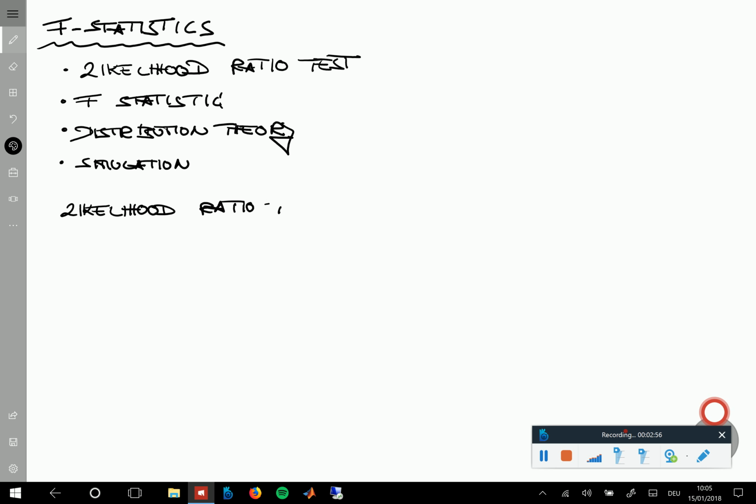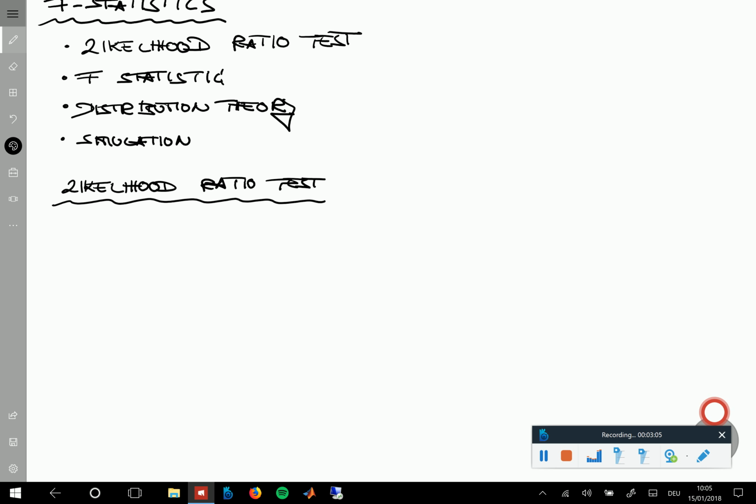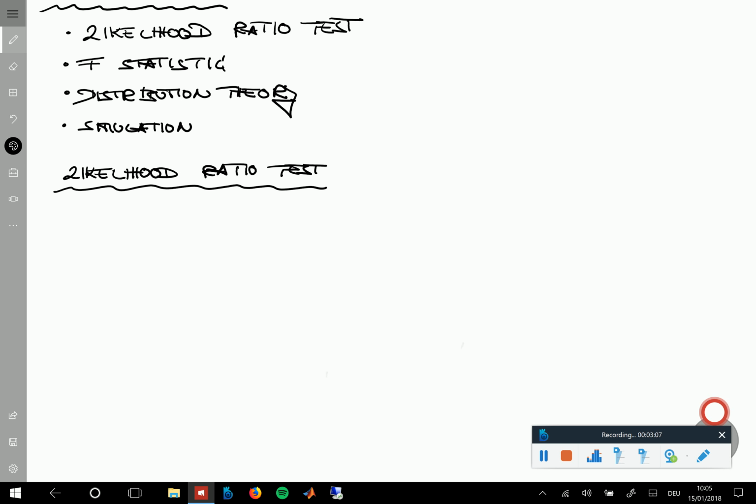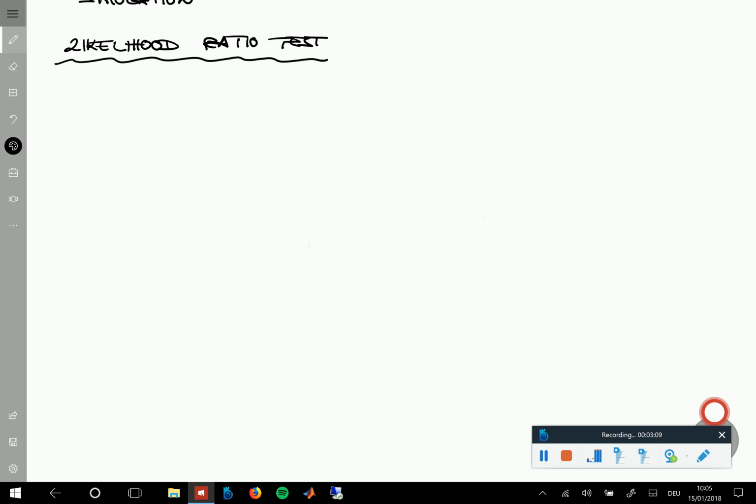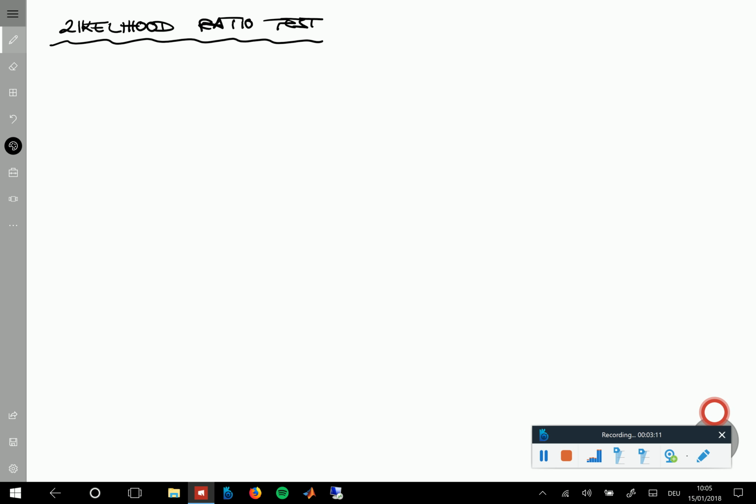Okay, so the first thing to talk about are likelihood ratio tests, and this is fairly interesting and important for general cognitive neuroscience and science in general, because I assume that in a couple of your sessions on cognitive neuroscience, you came across the idea that people want to do model comparison.